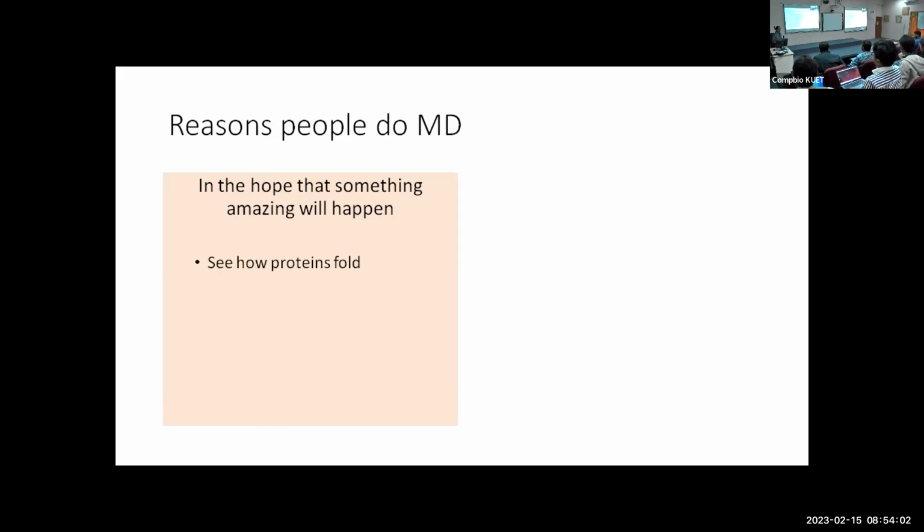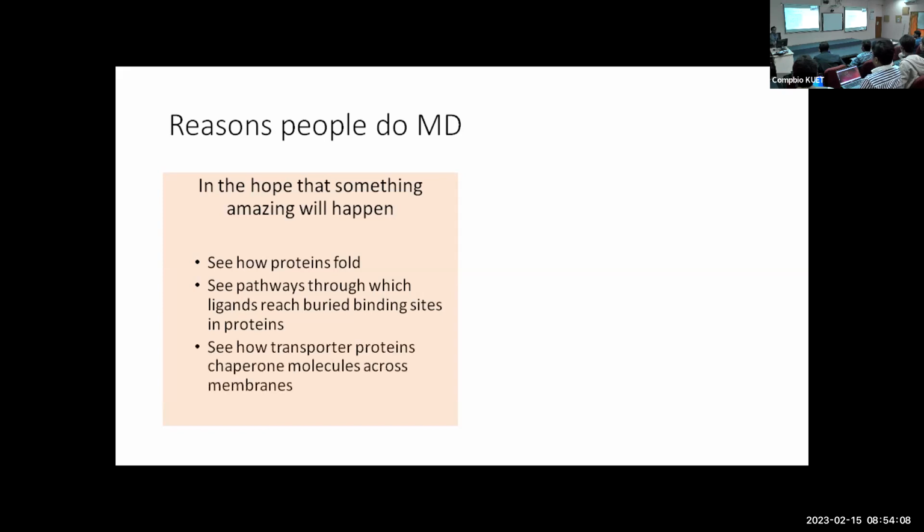Or they say, I want to see how my protein aggregates. There are a lot of things you know experimentally that will happen, and you try to design an MD simulation for them. But these are not easy to design. So if you want to see something amazing, that's one reason.